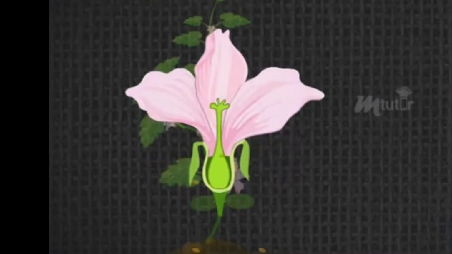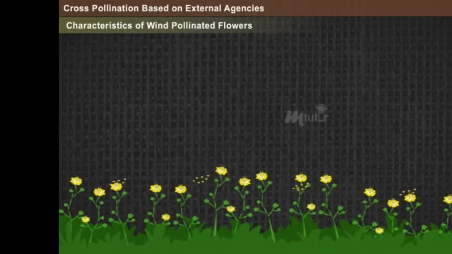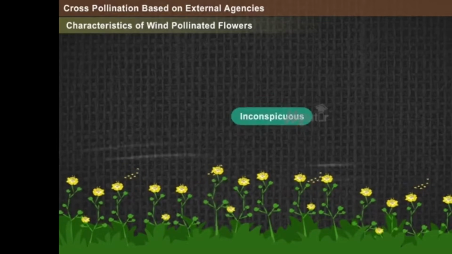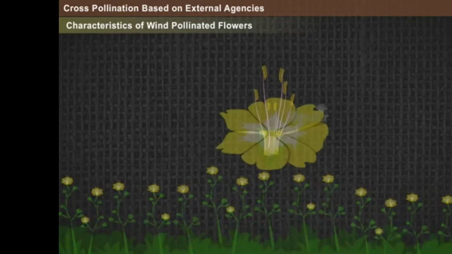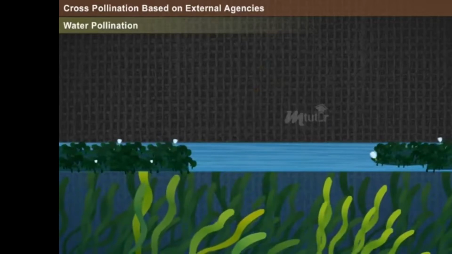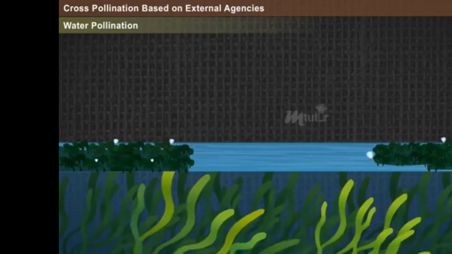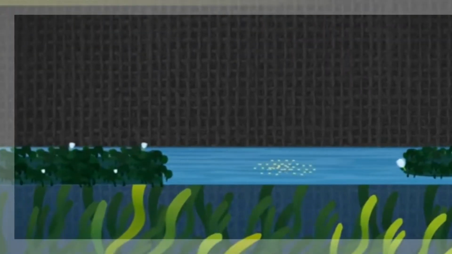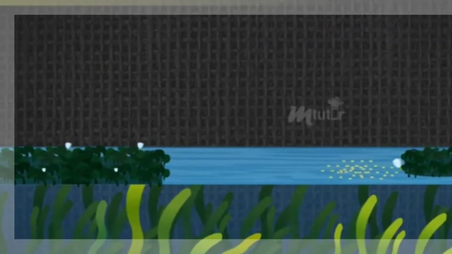Pollens also pass through wind. The pollens will fly through the wind from one flower to another flower and thus reach the female part. And also through water, it will flow through the water and reach another flower of the same species, to the stigma, so that the pollination will happen.